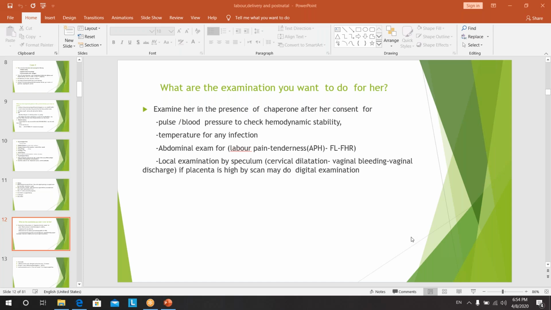Speculum examination will not affect or harm the patient. But I will not do vaginal examination. This is what I wanted to confirm with you, that even if it is a placenta previa, we can still do the per speculum examination and the transvaginal scan. Both can be done. So the only precaution will be that we will not do the vaginal examination. I just wanted a confirmation from you.